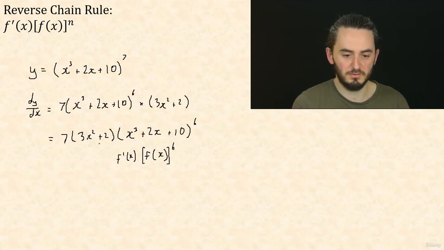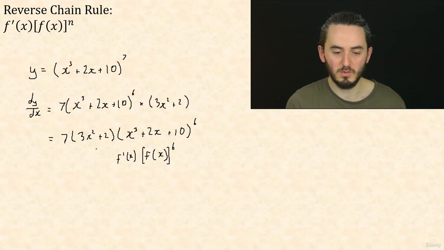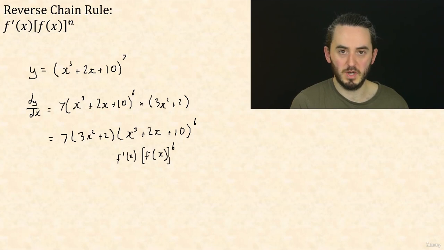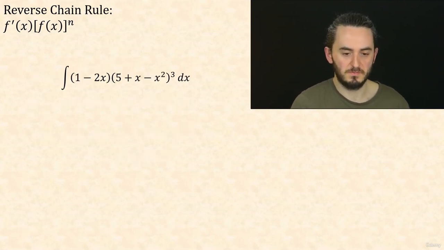So this really is sort of detective work where we're trying to trace backwards and say what must have happened. And whenever I see a function raised to a power and then the derivative of that function floating around somewhere, lurking in the shadows, I know that this function must have been differentiated where the power was one higher. Let's explore that in a few different scenarios.